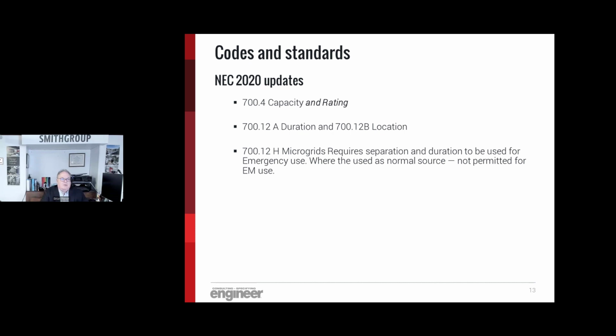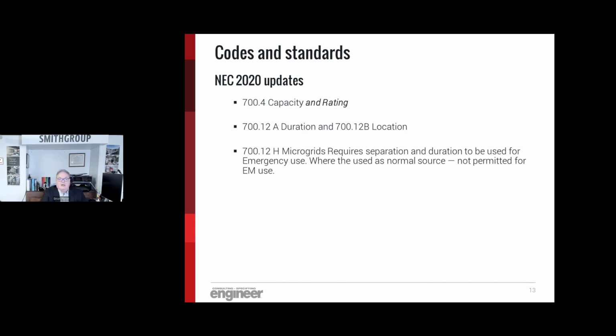Evacuating a medium-sized office building may not be the same as a 2,000-seat stadium. So durations are important for you to look at, and we'll talk about fuel runtime later. And also the location. In certain cases, high occupancy locations have extra fire protection and have to be located in a way that makes them more reliable for an emergency application.